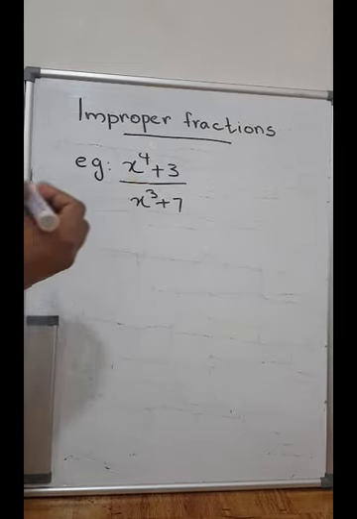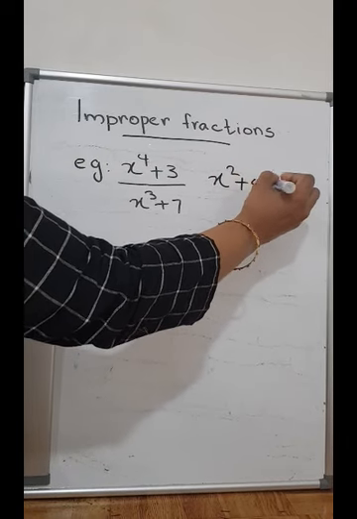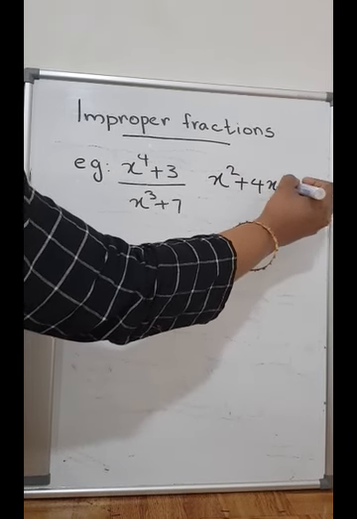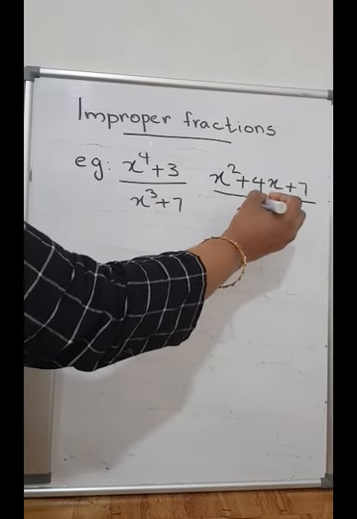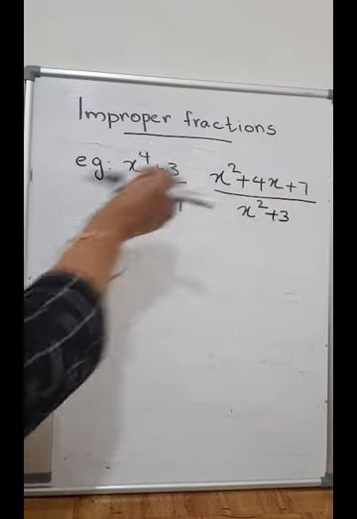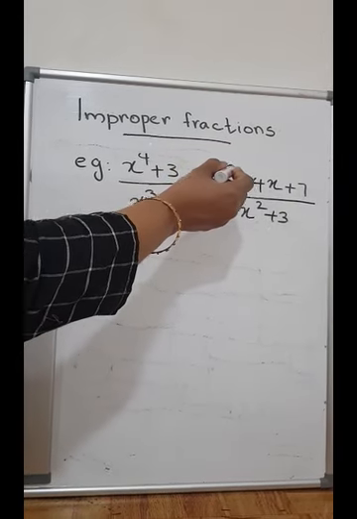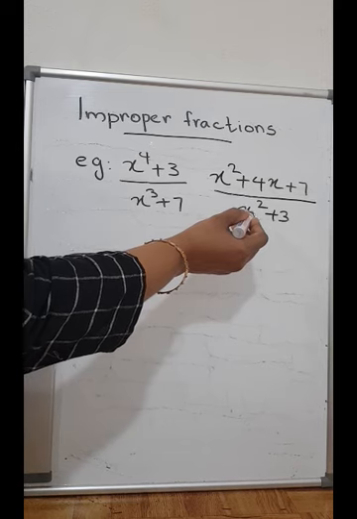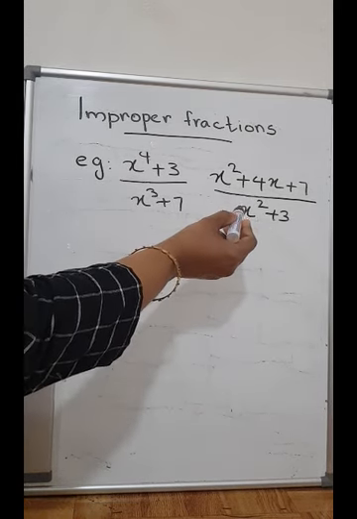Let's see another example. x square plus 4x plus 7 divided by x square plus 3. Here the numerator has degree 2 and the denominator also has degree 2. It's again an improper fraction.